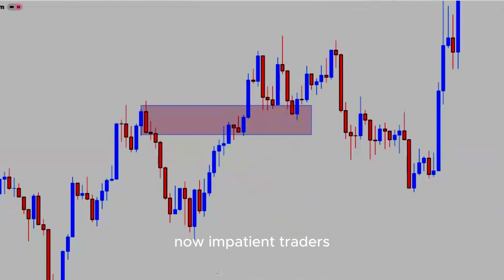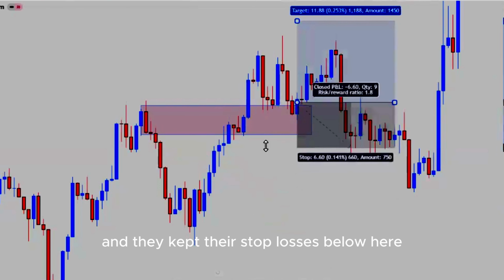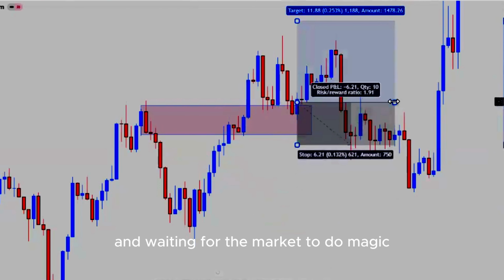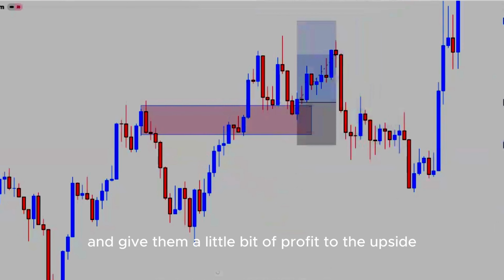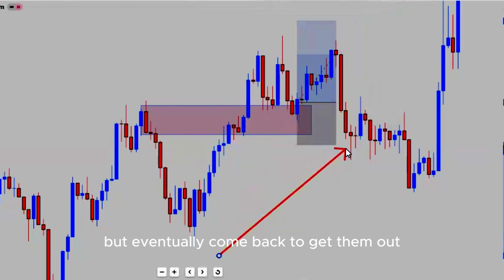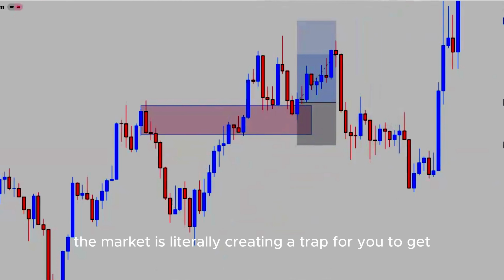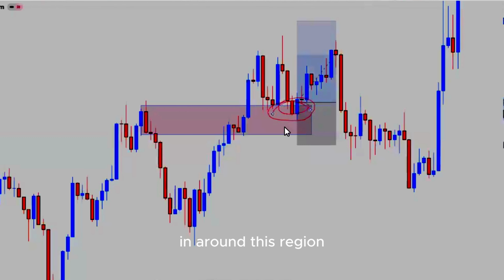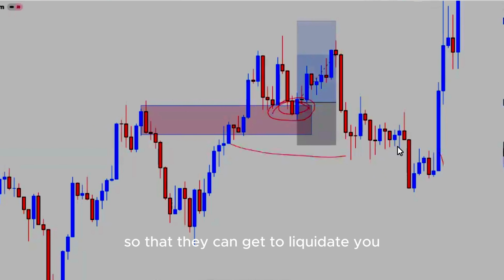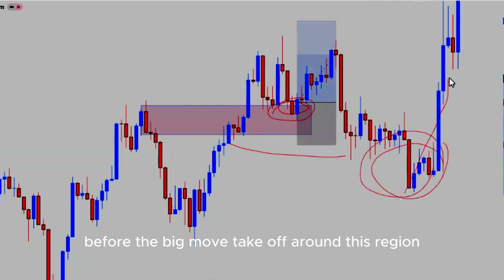Now, impatient traders step into the market around this region and keep their stop losses below here, waiting for the market to do magic and give them a little bit of profit to the upside, but eventually it comes back to get them out. So this is a trap. The market is literally creating a trap for you to get in around this region so that it can liquidate you before the big move takes off.